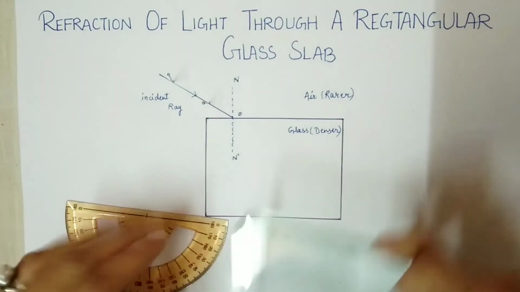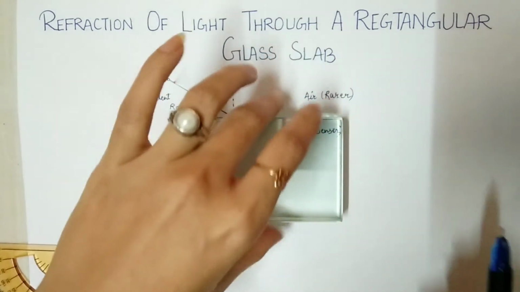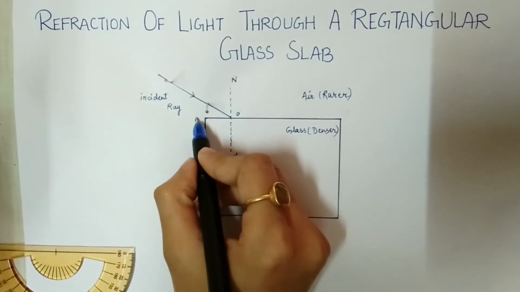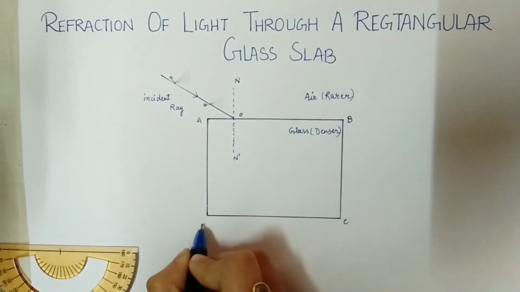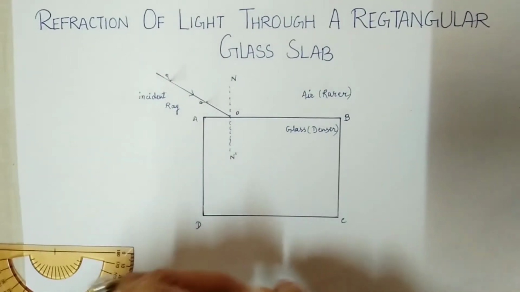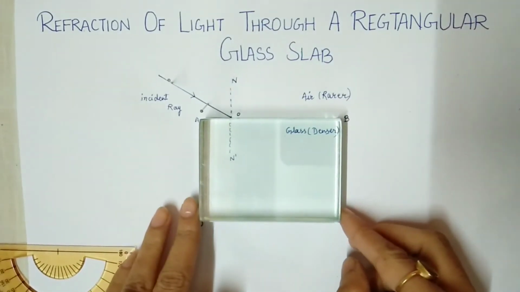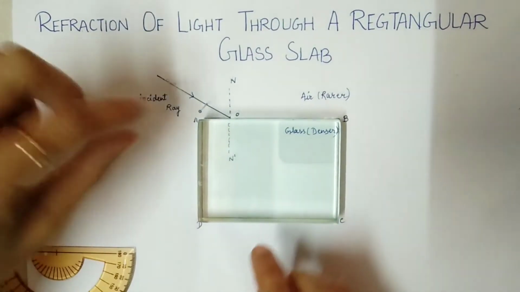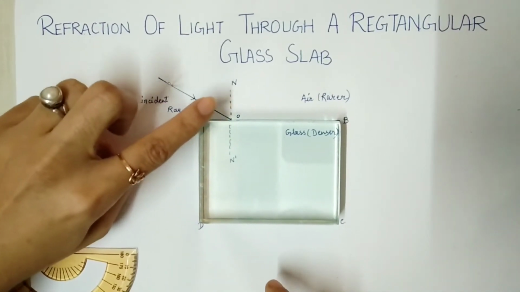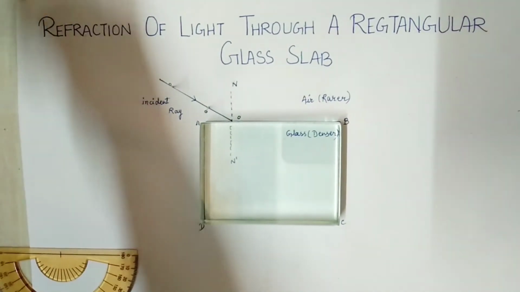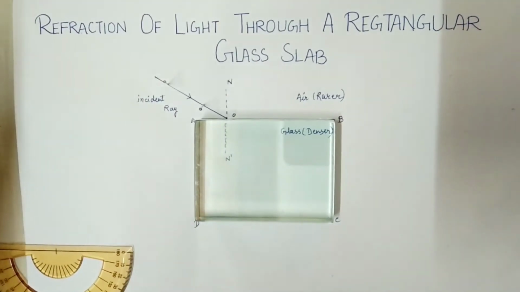Then place the glass slab, and you can also give the name to this boundary as A, B, C and D. Now place the glass slab, and now we will observe these two pins at the opposite side of the glass slab, and we will also fix two more pins in the same straight line.